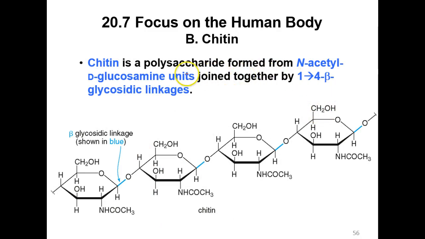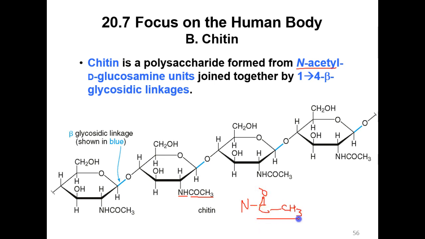Chitin is another one. It's a polysaccharide of N-acetyl D-glucosamine units. Now again, fancy name, so what does that mean? Remember, N-acetyl means you have a nitrogen that has an acetyl group attached to it, and an acetyl group is a carbonyl with a CH3 on it.